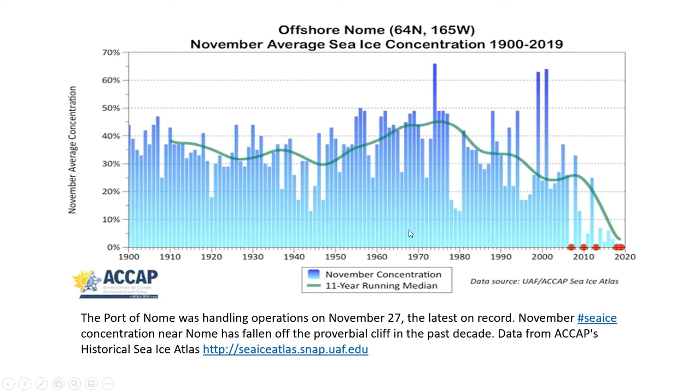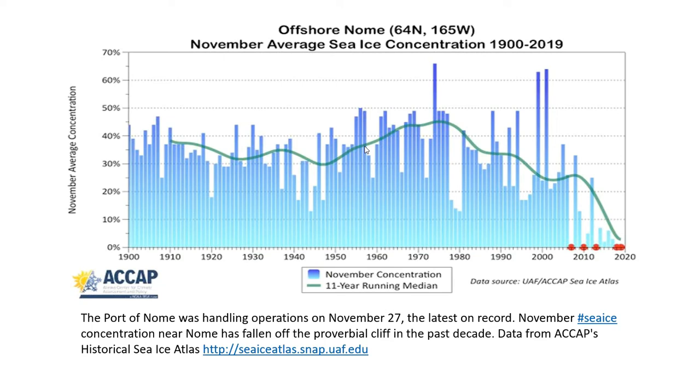Now, running a median, right? The median is the 50th percentile. I did a quick little example in my population video where I discussed the difference between the average, or mean, and the median. So the median is the 50th percentile. In other words, half the data is above that value, half the data is below that value.